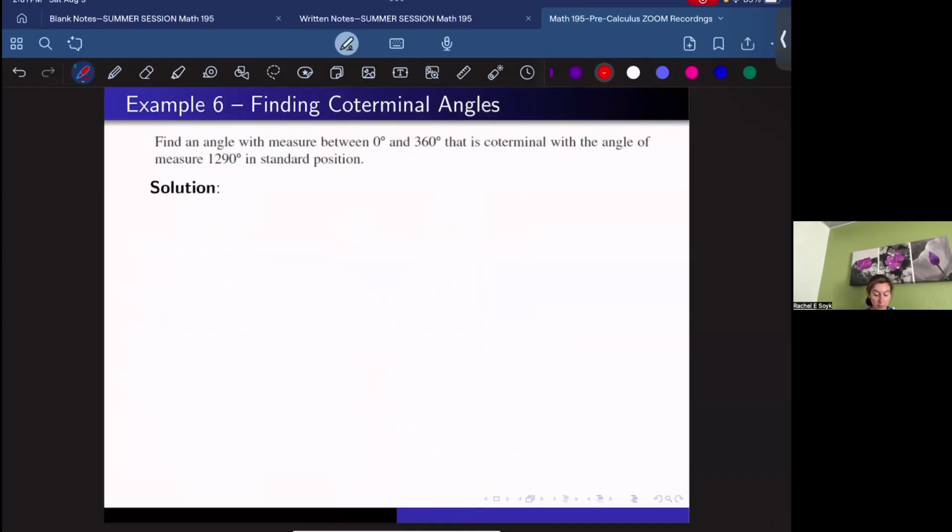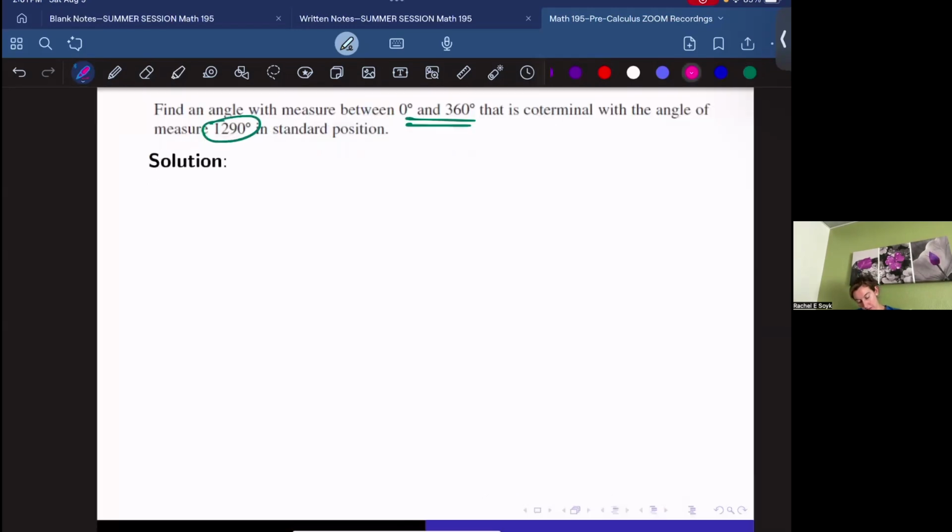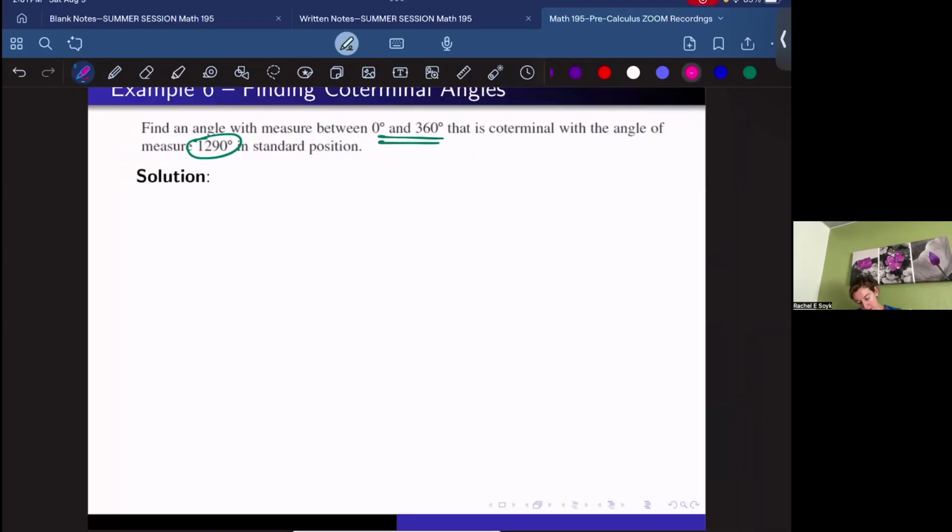Example 6: find an angle with measure between 0 and 360 that is coterminal with 1,290. So how do we do this? We just want to continue to subtract multiples of 360 until we get it between 0 and 360. So we have 1,290.